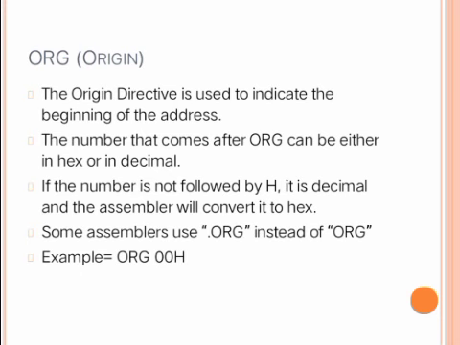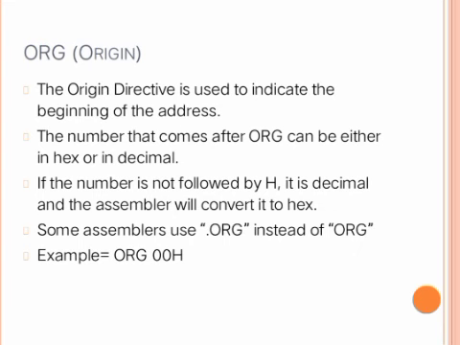As we saw in the last slide, if the number is in decimal or binary format, the assembler will convert it into the hexadecimal format. Some assemblers use .org instead of org. So, example: ORG 00H. Here, a hexadecimal number is used with the directive org.